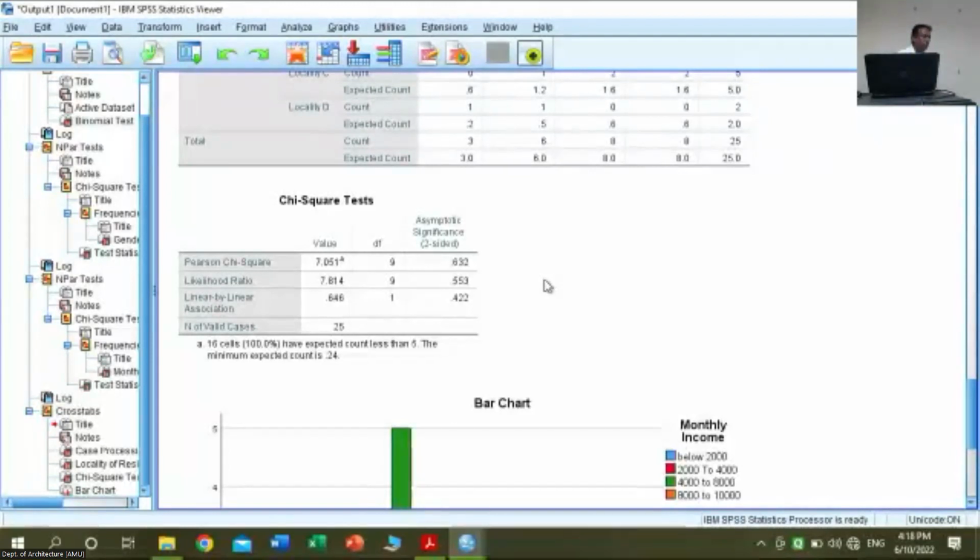Monthly income and locality are independent, versus H1, there is some association between locality and monthly income. But in our case, we observe that the p-value is greater than alpha. That means locality and monthly income are independent. There is no relation between locality and monthly income. In this way, you can check the association of two attributes.